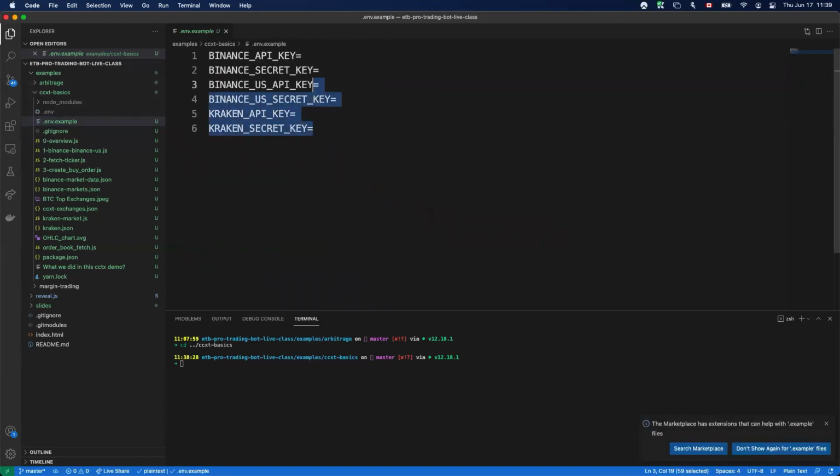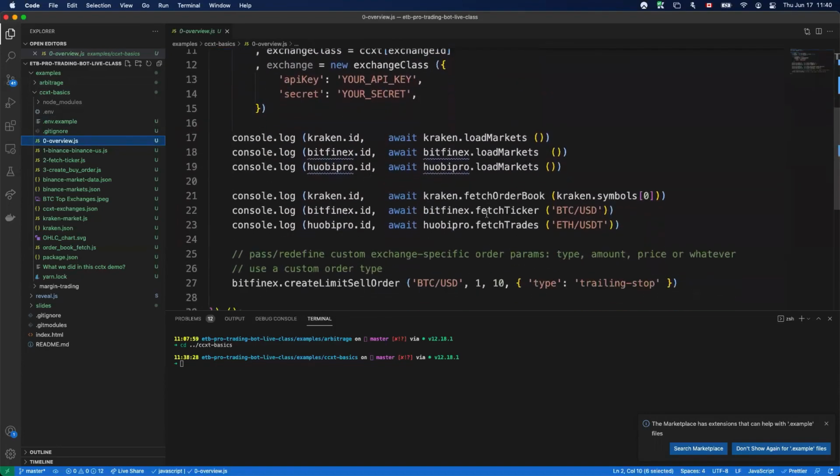This is how our secret file looks. The name is .env, and this is an example of how it looks. We have Binance, Binance US, followed by Kraken, with the public API key and secret key.